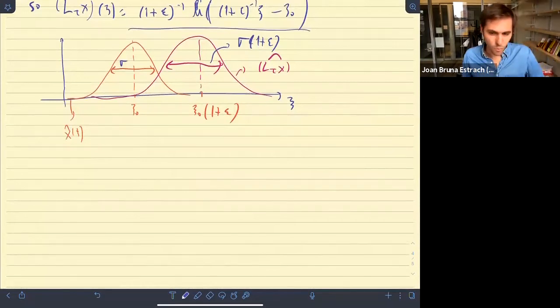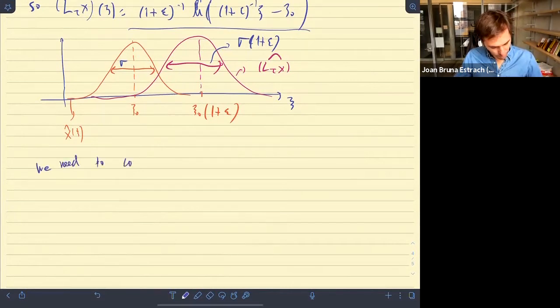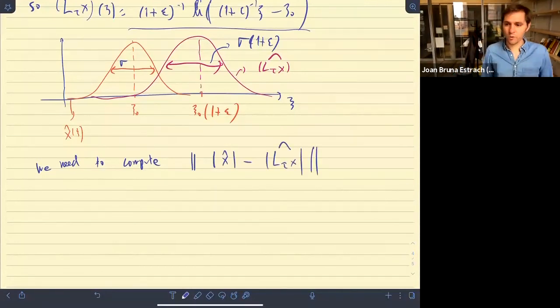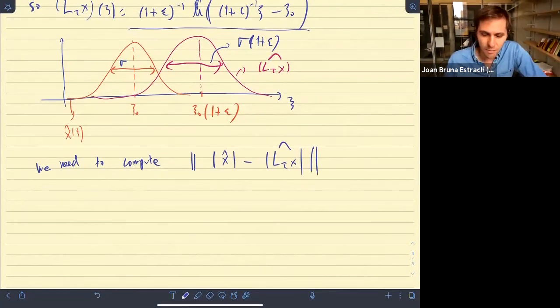Let's argue what happens. So now we need to compute the difference between the absolute value of x hat and the absolute value of the dilated x hat. So basically, we need to look at the norm, the Euclidean distance between these two signals after removing the phase. But what happens when the supports are very far apart, when I compare the Euclidean distance between two signals that have disjoint support?